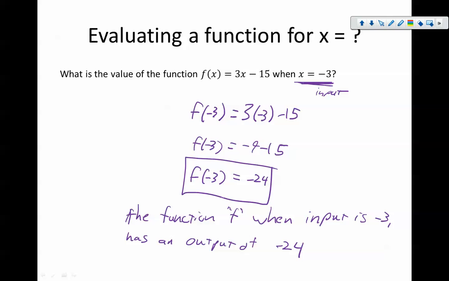The function f, when input is negative 3, has an output of negative 24. In other words, my function machine, when I put in negative 3, the f of x function turns it into a negative 24. It's an input-output relationship. The number in the parentheses is my input. The number that it's equal to over here is my output.